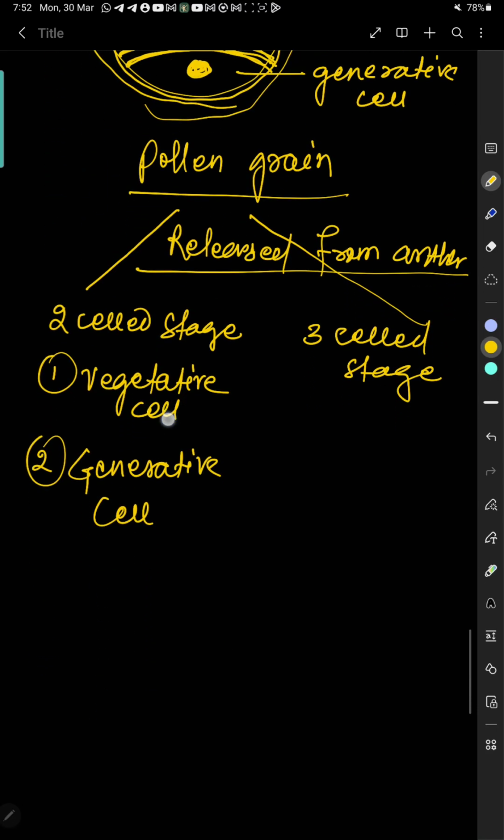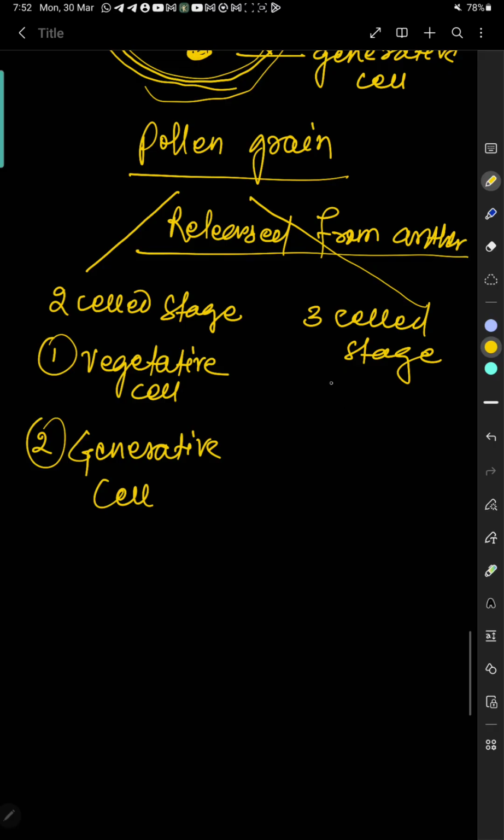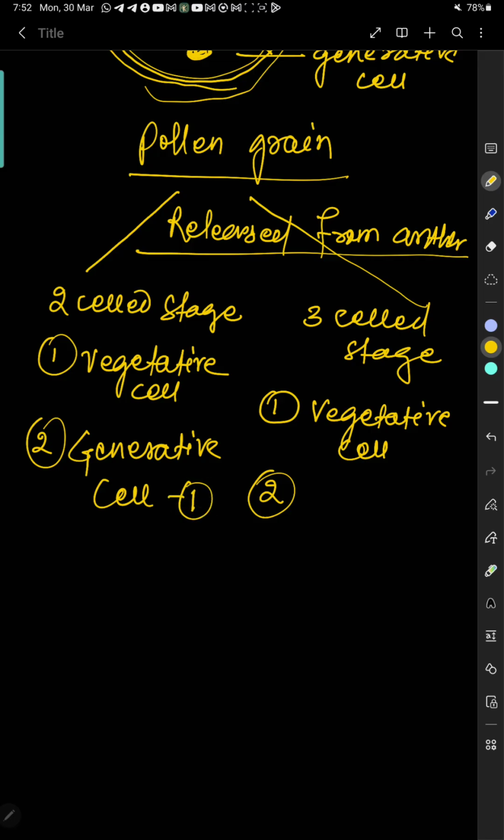But in the three-cell stage, what are the cells? Here they are one in number, this is also one in number, but in the three-cell stage there is one vegetative cell and two male gametes.